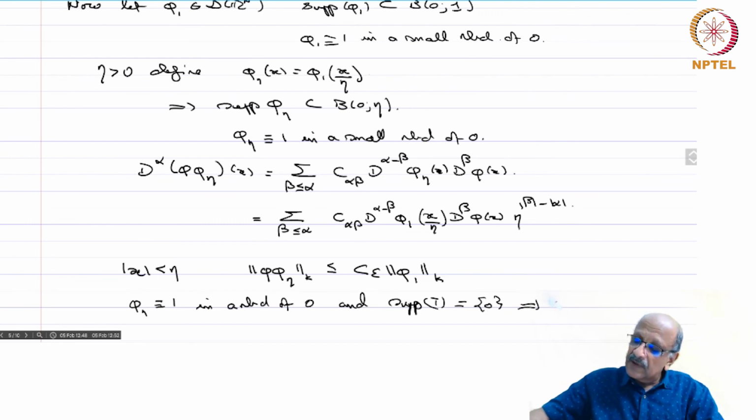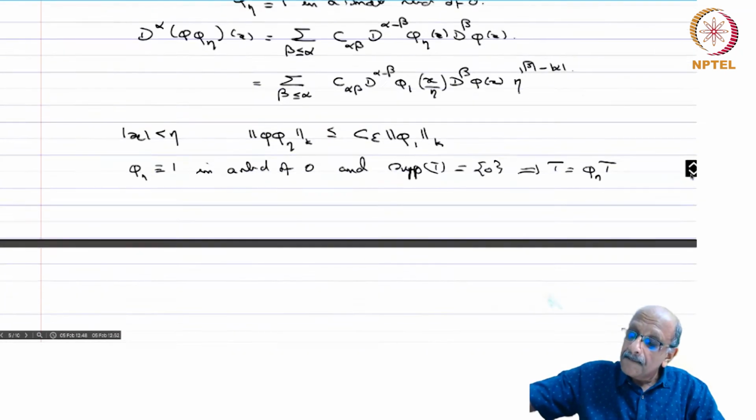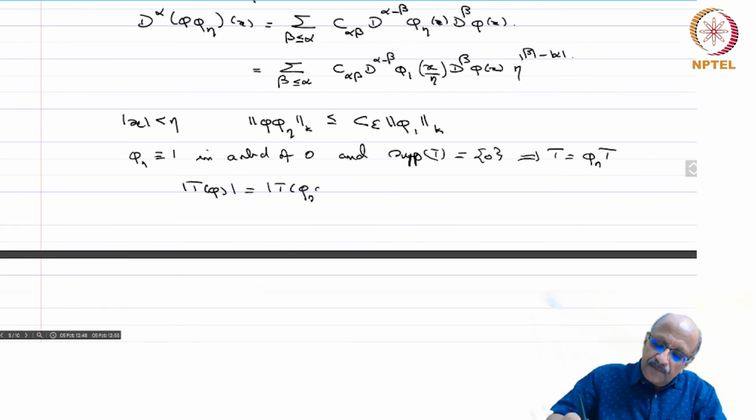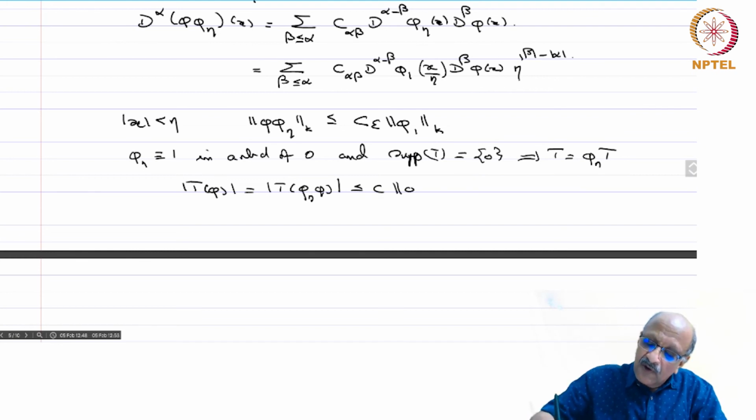So this implies T equals phi eta T, and therefore we have mod T of phi equals mod of T of phi eta phi, which is less than or equal to C times the norm of phi eta phi in the k norm, because that's the order of the distribution, and that is less than or equal to C epsilon times the norm of phi 1 in the k norm.